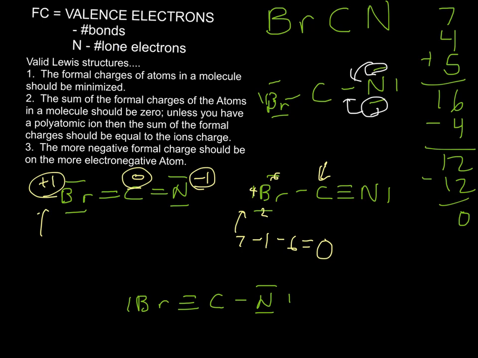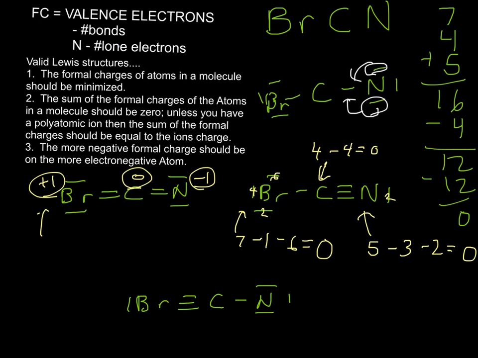Then we've got carbon here, 4 valence electrons. It's participating in 4 bonds. No unbonded, so that gives it a formal charge of 0. Our nitrogen over here has 5 valence electrons. It's participating in 3 bonds. It has 2 lone electrons, so that gives it a formal charge of 0.